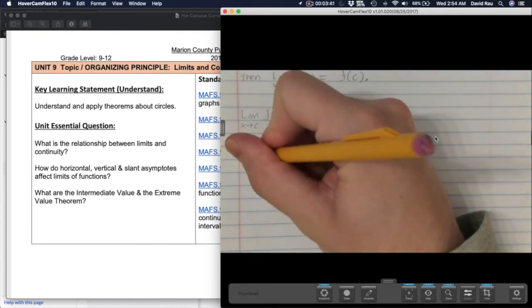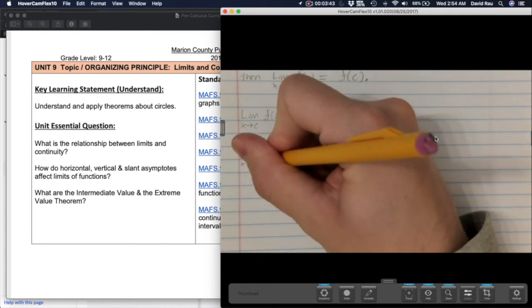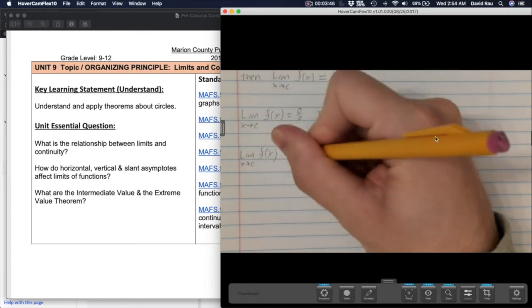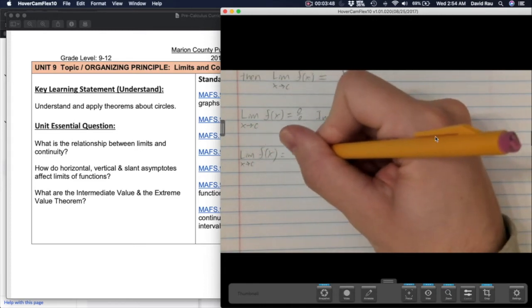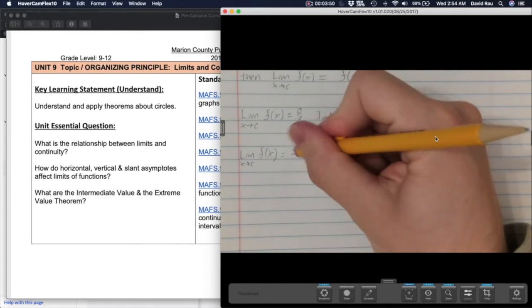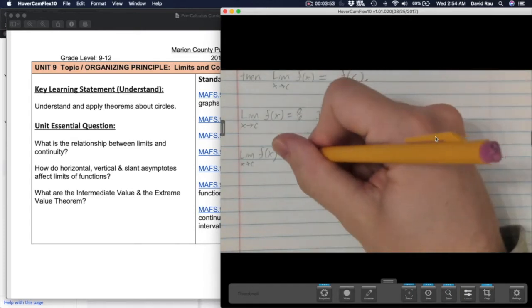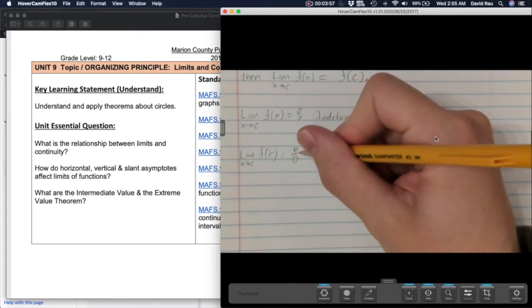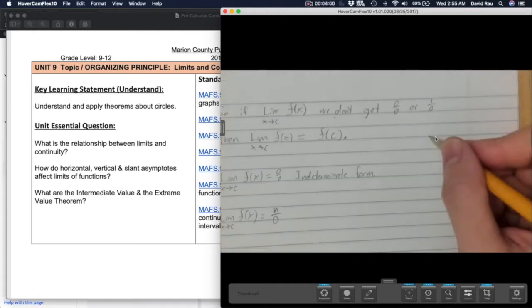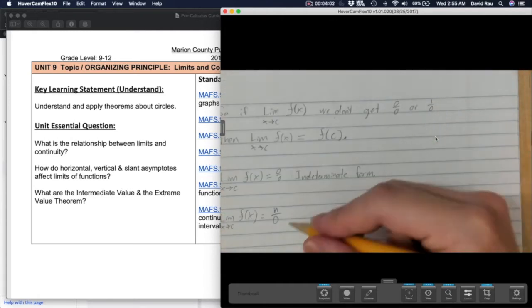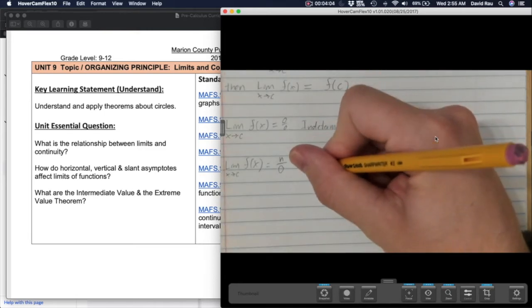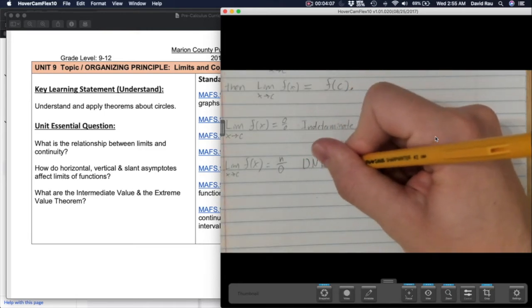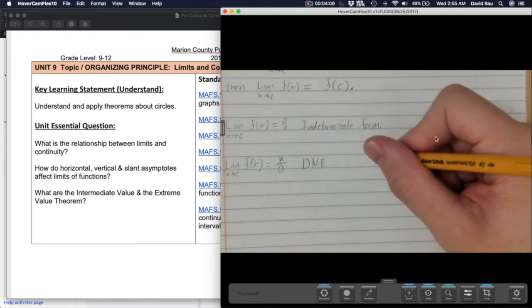All right, now, when you have the limit as x approaches c of f of x, and you get a number, I'm just going to give that some value n, over 0. If that ever happens, in other words, if it's a form of any number over 0, this does not exist. All right, in other words, this would be an asymptote case.